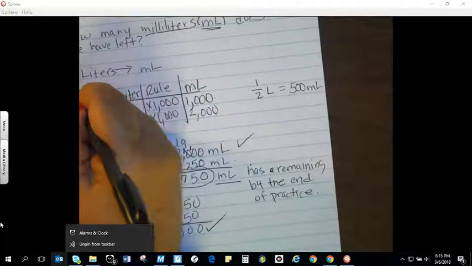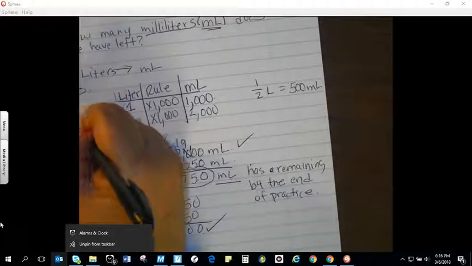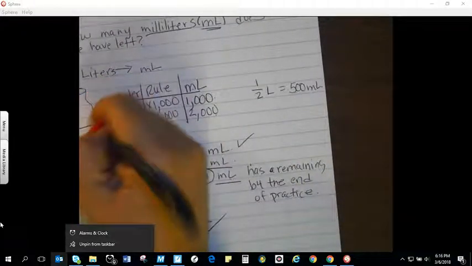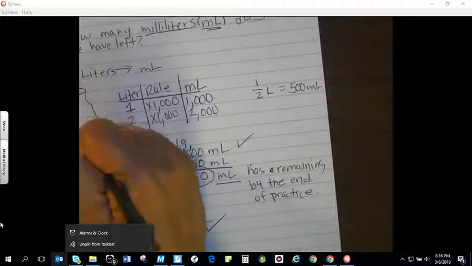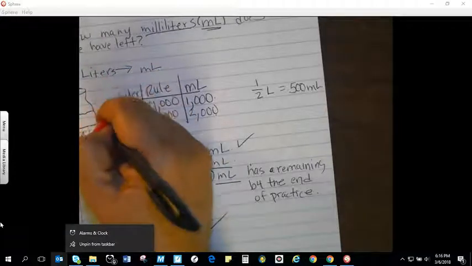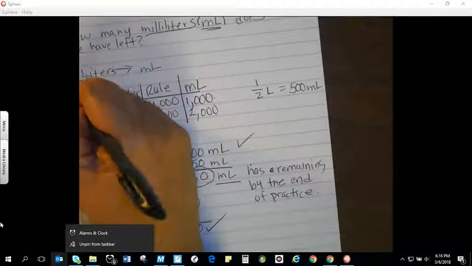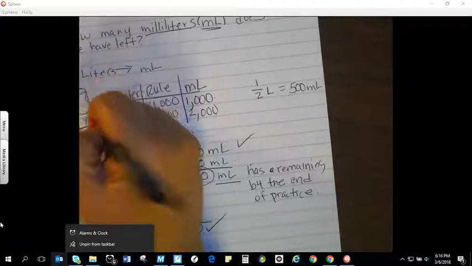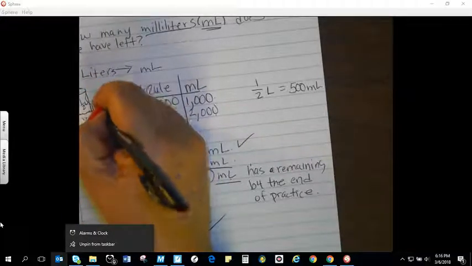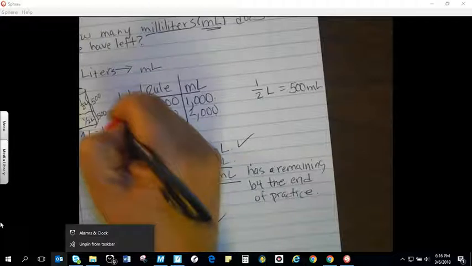So if I have this bottle, let's see if I can draw a bottle. Kind of. And this was 1 liter. This is half of a liter, and this is, make it straight. And this is half of a liter. If this is 500, then this is 500, which will equal a total of 1,000 milliliters.